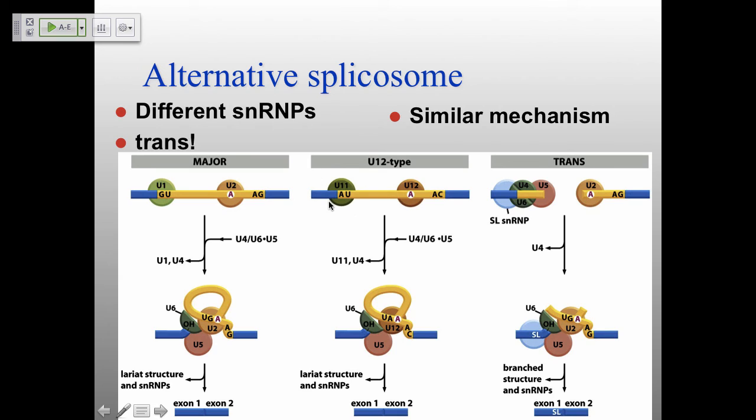Where do you start where you're going to be cutting out your intron, and where do you have the binding where that intron is going to be getting chopped out? The actual functional process, U4, U5, U6, is identical for all of these guys. So our normal splicing process is going to have U4, U5, U6. These alternative splicing processes also all have U4, U5, U6.